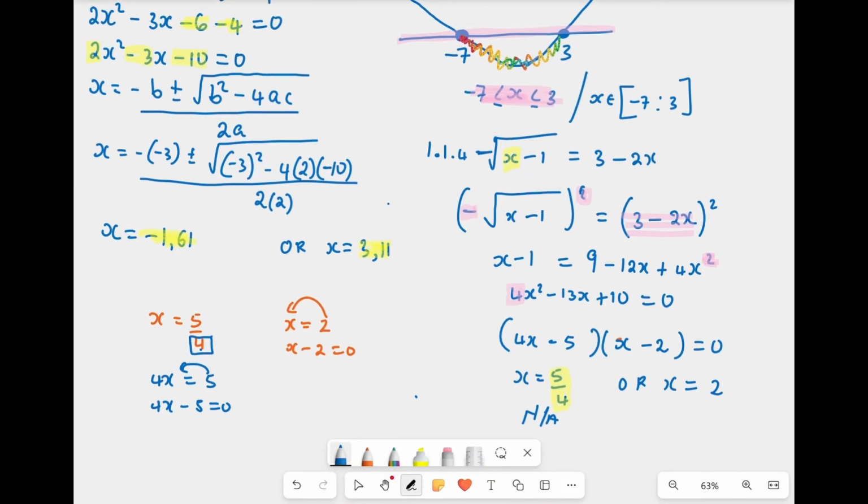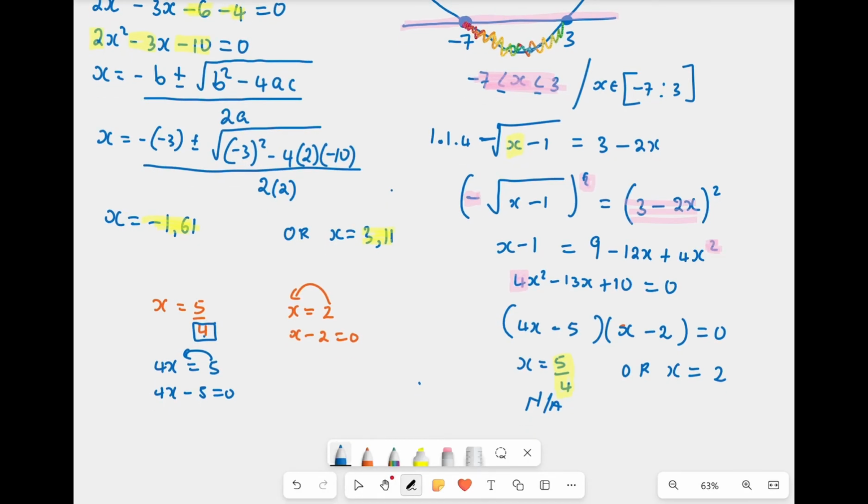But now if I substitute 2, on my left I get negative 1. On my right, I also get negative 1. So that means the only solution is x is equal to 2. This is my only solution.